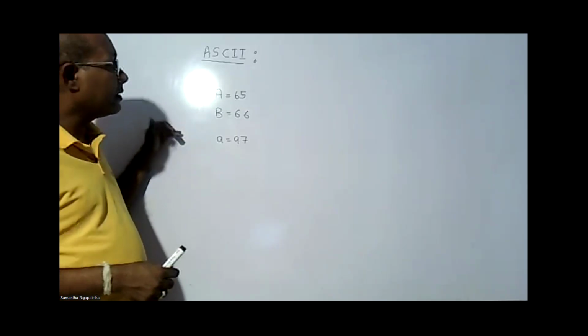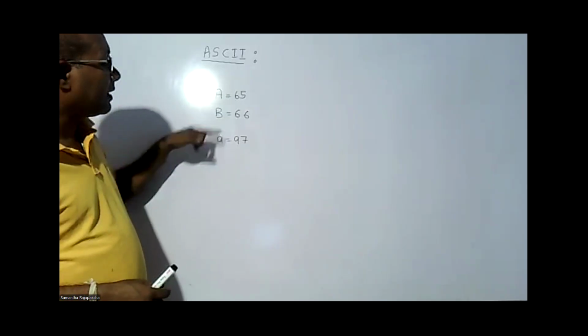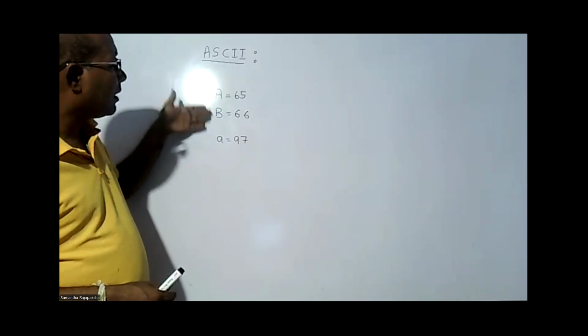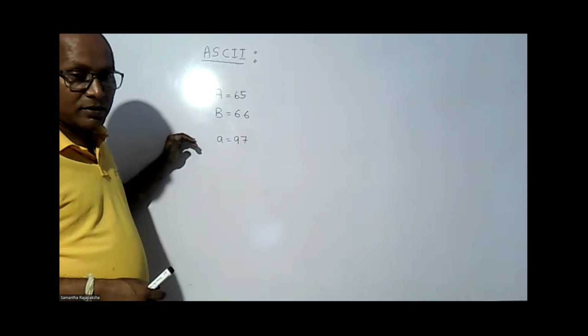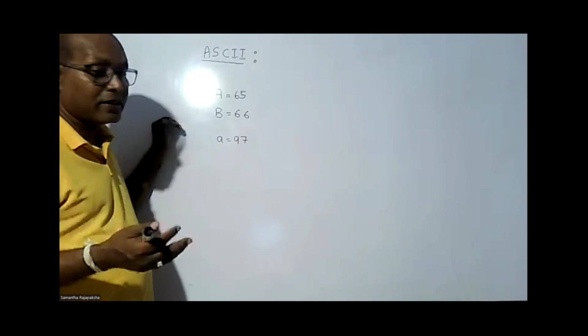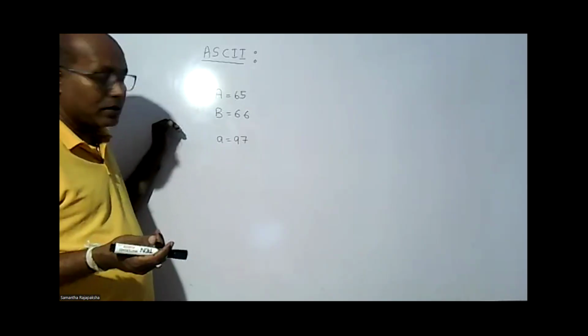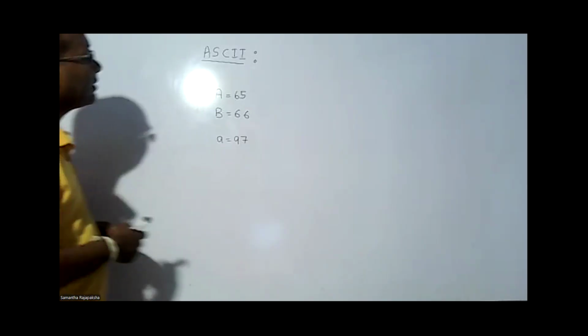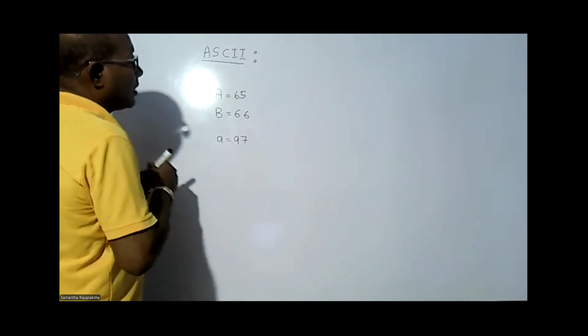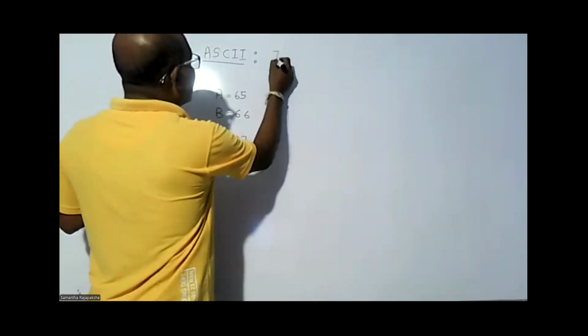So people thought of a methodology to represent these characters, and for that they gave a number to each character, because the computer expects everything in numbers. Therefore, in ASCII, each character is given a code. Now remember, ASCII initially used 7 bits.